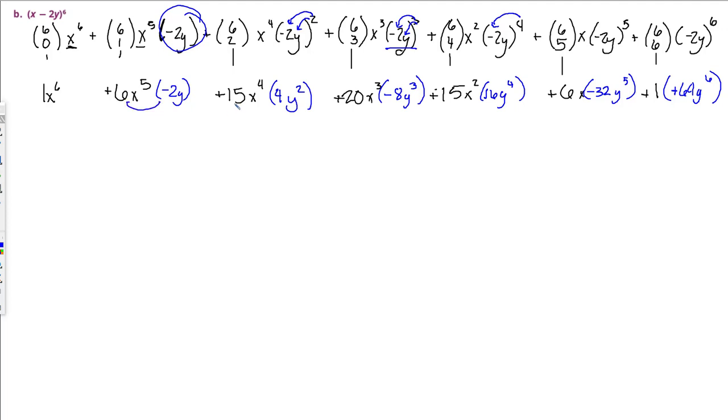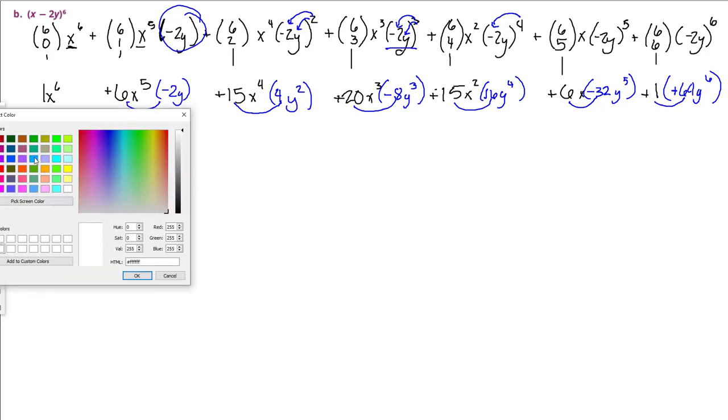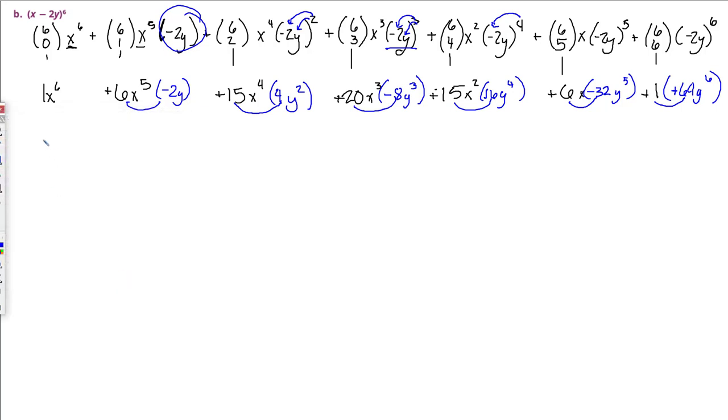Now let's multiply these coefficients. And so 1 x to the 6th is just x to the 6th.